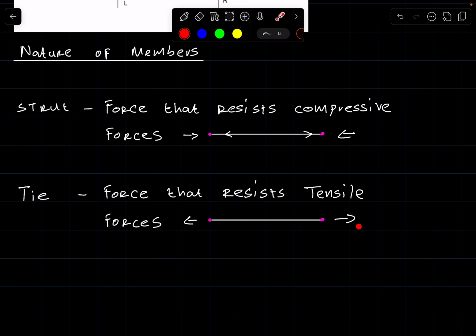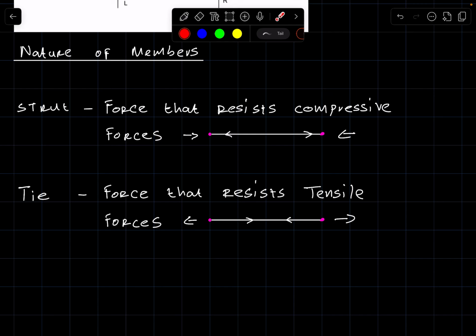This is the direction of a tensile force. So to resist that, a tie member, or a member that is tie in nature, tends to go in this direction. It resists tensile forces.